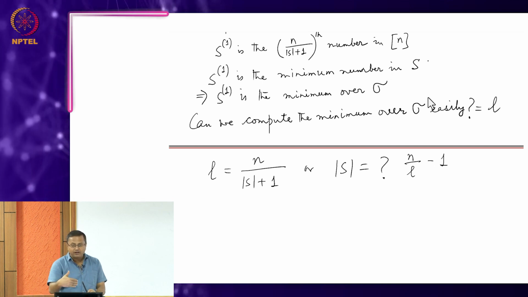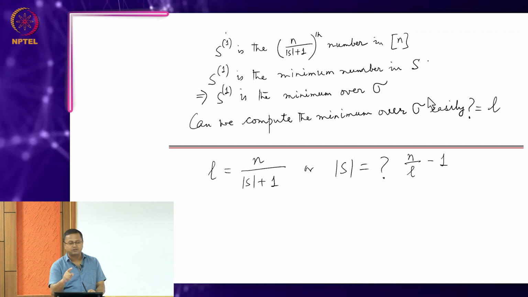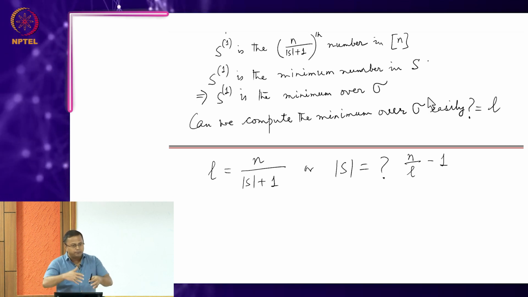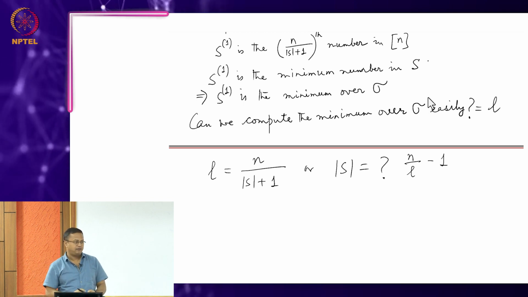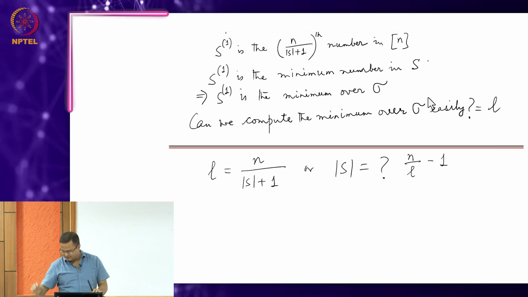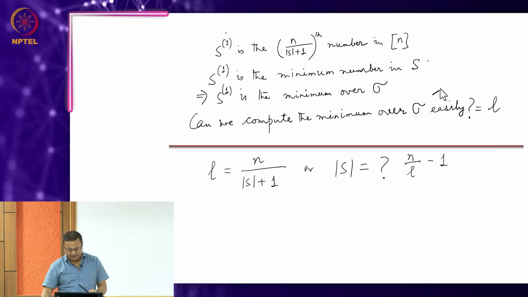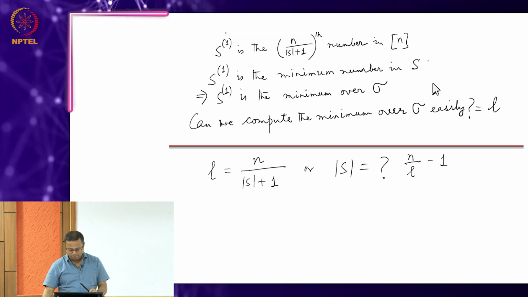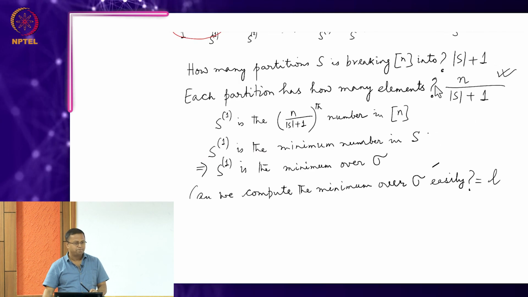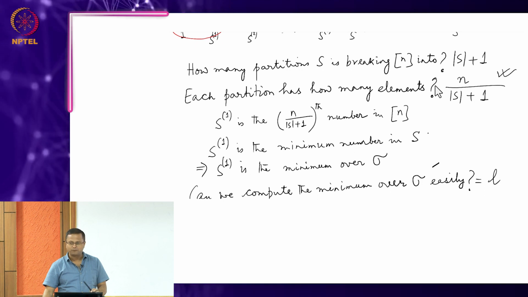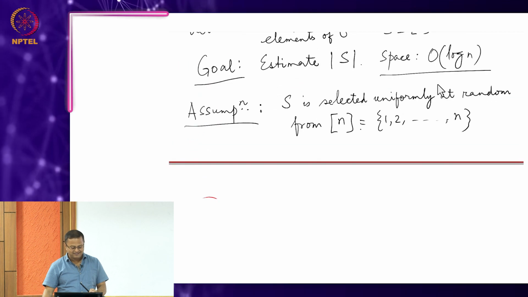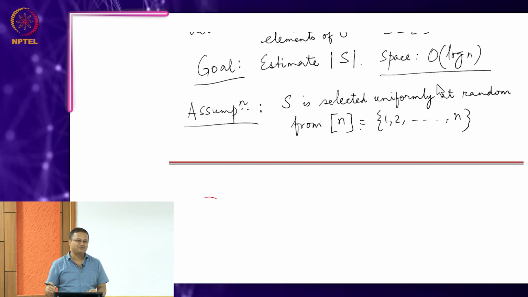Every deduction that I did rested on the assumption that S is uniformly at random spread in N. Any doubts, let me know. So, the problem is solved, but for the fact that this assumption is not a very good assumption.